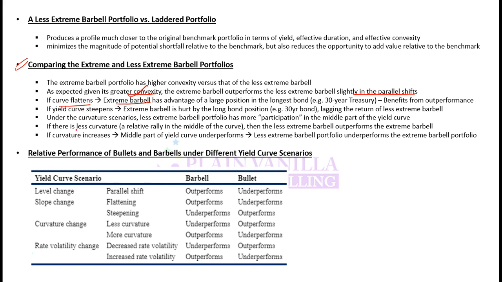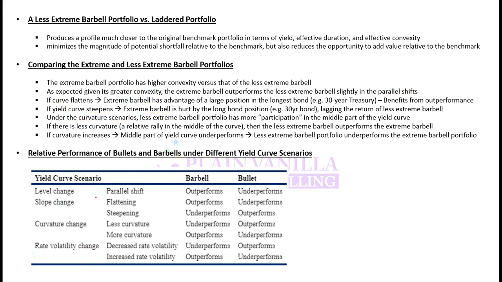Why? Because it has higher convexity. If the yield curve steepens, the extreme barbell will underperform. Under the curvature scenarios, if there is more curvature, the extreme barbell will outperform. If there is less curvature, it will underperform. If curvature increases, the extreme barbell will outperform.